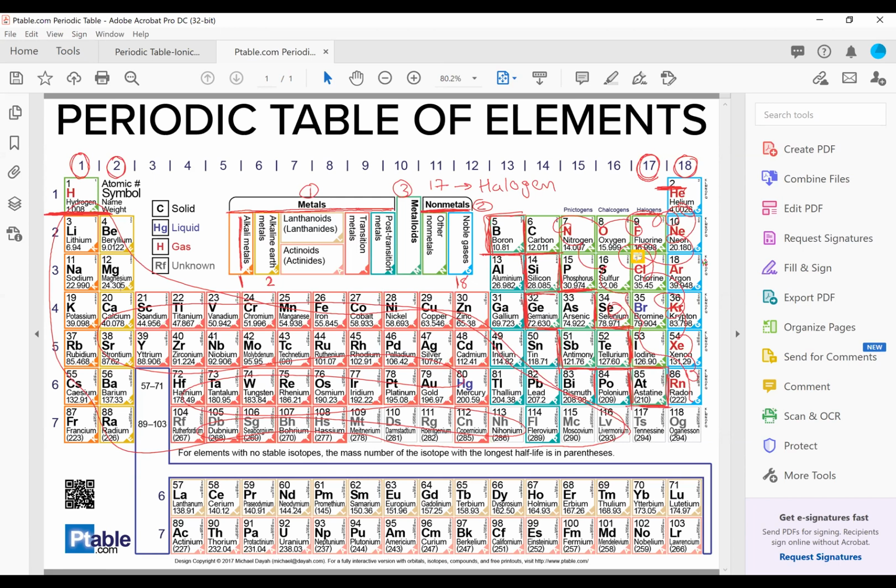Otherwise, we can generalize that the left side of the periodic table is metal, and the right side is non-metal. All right, do you understand this? The exception is hydrogen. Everybody's okay? Yes, sir. Excellent, excellent.